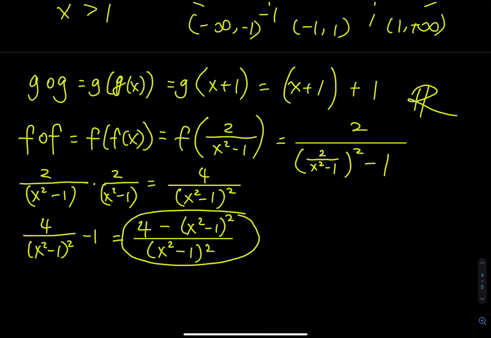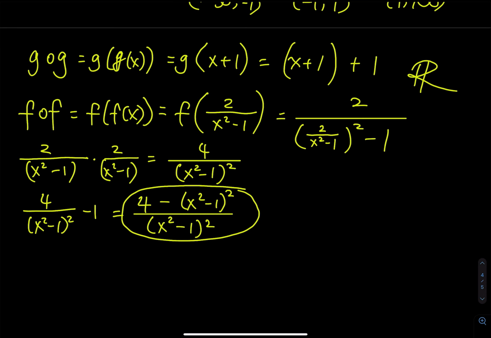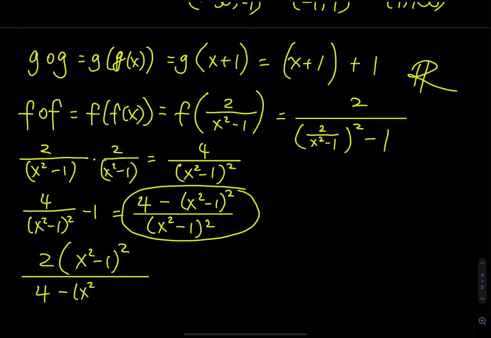So 2 divided by this piece, then you have a reciprocal. Then you will have a 2 divided by that, then you will flip this to the top, and then this stays in the denominator. So 4 minus x squared minus 1 squared.